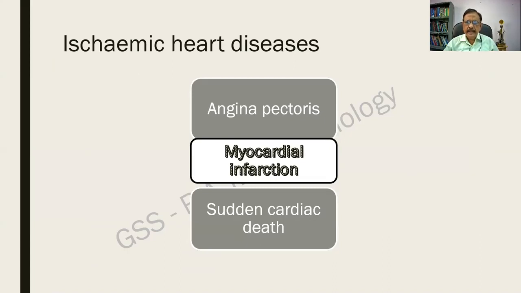Ischemic heart disease. The term includes a spectrum of diseases starting from angina pectoris up to sudden cardiac death, in which we find there is an entity called myocardial infarction. But myocardial infarction alone has been highlighted in white because it is a condition where there will be a pathological lesion which can be studied, which can be demonstrated, and which can be photomicrographed and shown.